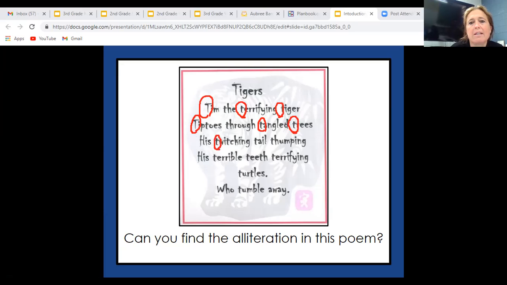His twitching tail thumping his terrible teeth, terrifying turtles who tumble away. All right, so you'll notice that I did not underline the TH in either of these because they do not make the same sound. They make the th sound, whereas Tim, terrifying, tiger, tiptoes, they all make the t sound. So the alliteration in this poem is throughout the entire poem with the t sound.